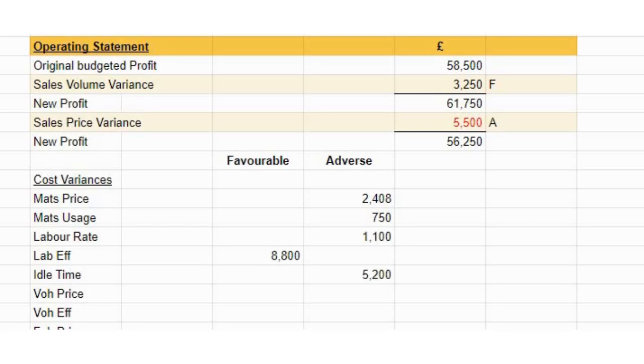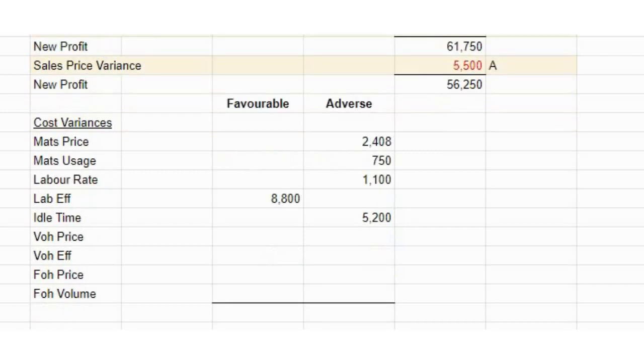And here they are: the labour rate variance 1,100 adverse, the labour efficiency variance 8,800 favourable, and the idle time variance 5,200 adverse. And the remaining sub-variances that we're going to look at are the variable overhead price variance, the variable overhead efficiency variance, the fixed overhead price variance, and the fixed overhead volume variance.